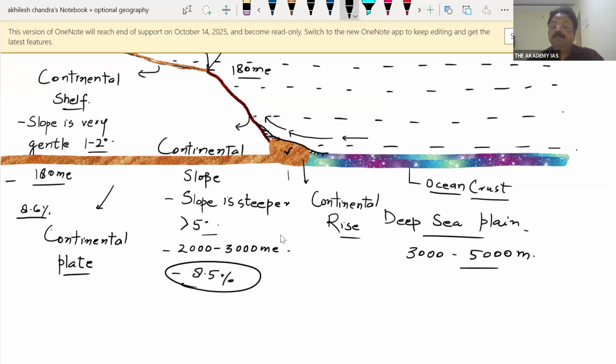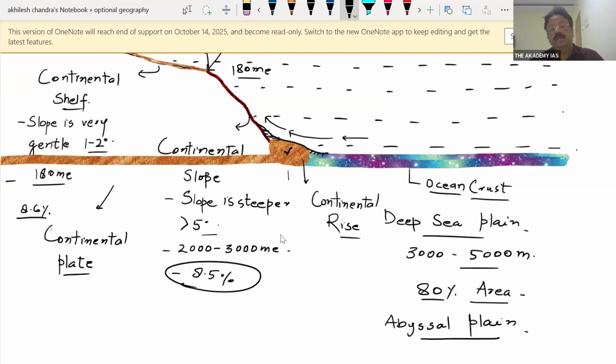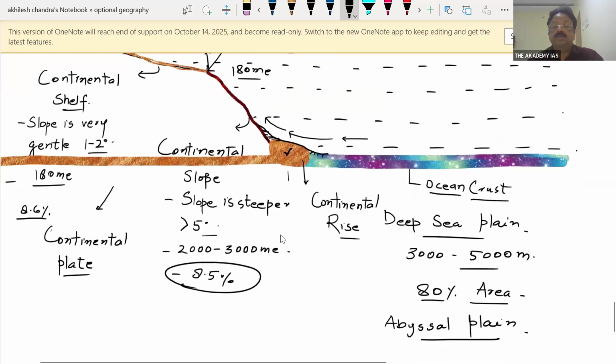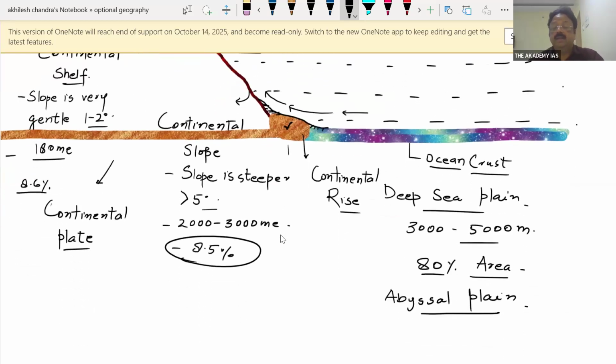The deep sea plain accounts for almost 80% of the area of the ocean. It is also called abyssal plain. Deep sea plain or abyssal plain.